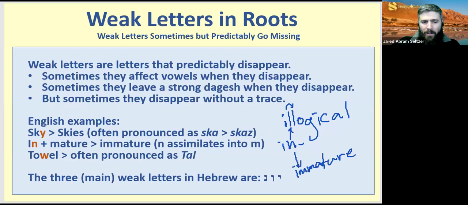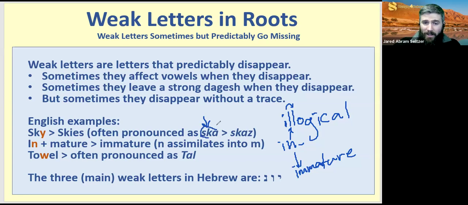How about when a Y predictably disappears and affects the vowels? Sky becomes skies. We don't even give it a second thought, but that's exactly what happens in Hebrew. Yod will predictably go missing and affect the vowels. Now, why does it do that? I'll give you an example. If anybody knows anything about the Southern accent, especially in America, you don't say sky, you say sky.